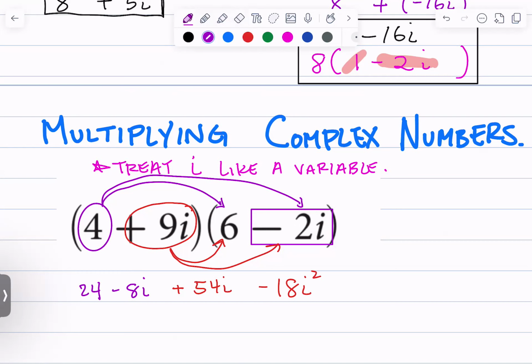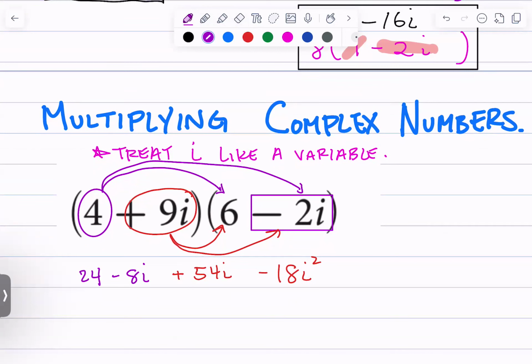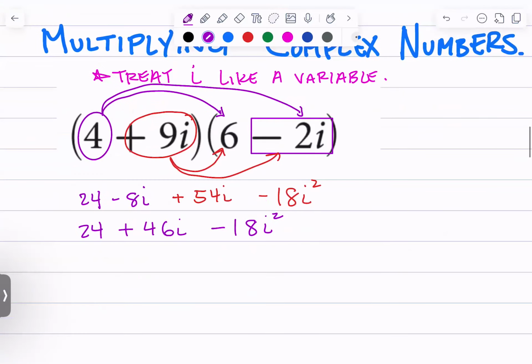I'm going to go ahead and gather. That will be 24 plus, what's 54 minus 8? 46i minus 18i squared. Do you remember what i squared is equal to? What is i squared equal to? Negative 1. So whenever I have an i squared, I can substitute in the negative 1 because i squared equals negative 1.